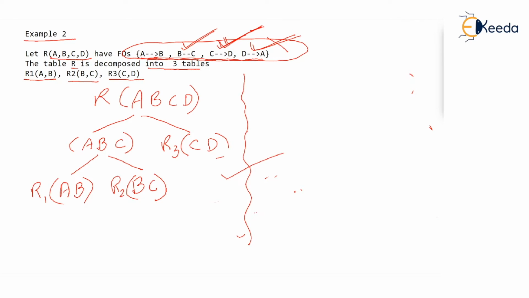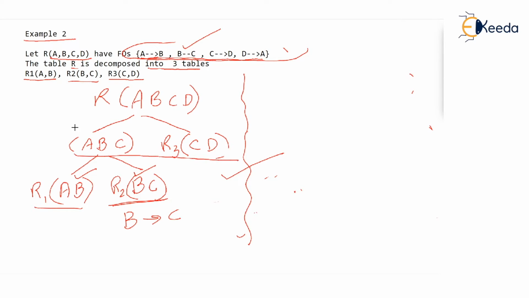Just confirm it. If you start from the lowest level, R2 has a dependency B determines C. Check from the original dependency list given, which I am now ticking again. B determines C. So B is the candidate key for R2 and it is a common attribute. If you go here, the common attribute is C, observe.